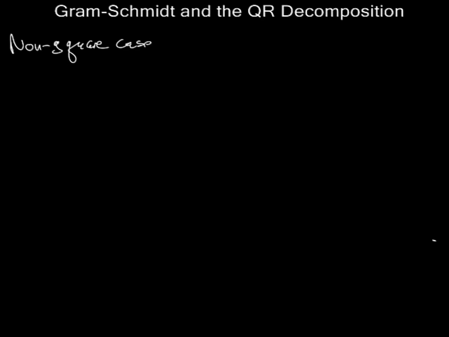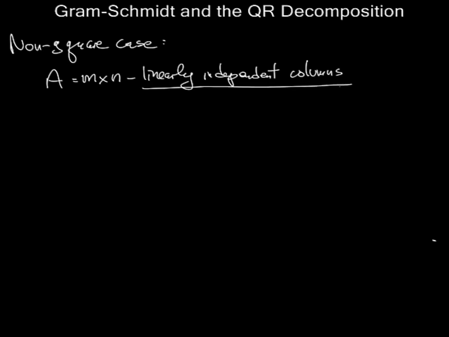Now, we also want to look at the non-square version of this. So suppose A wasn't an n by n matrix, but an m by n matrix. But let's assume that the columns of it are linearly independent. And that must mean that n is smaller than m. It has to have fewer columns than it does rows.